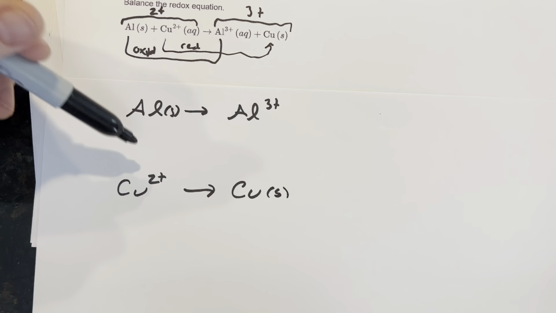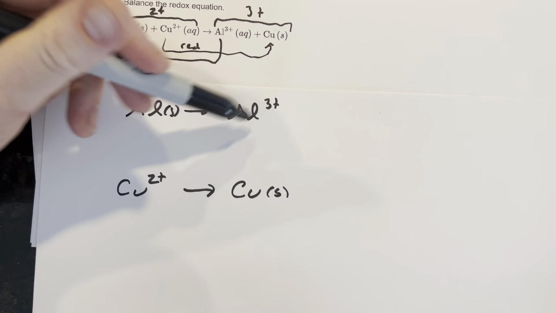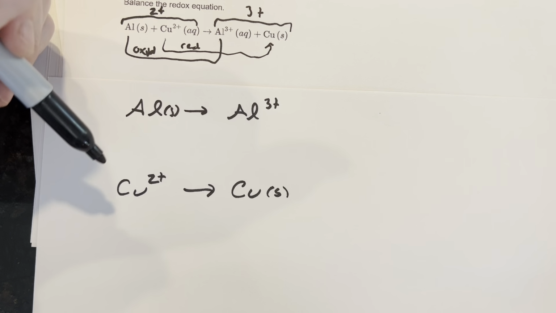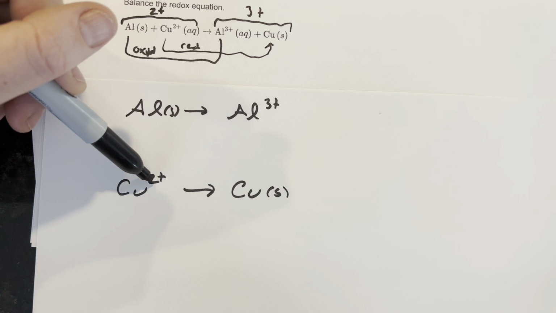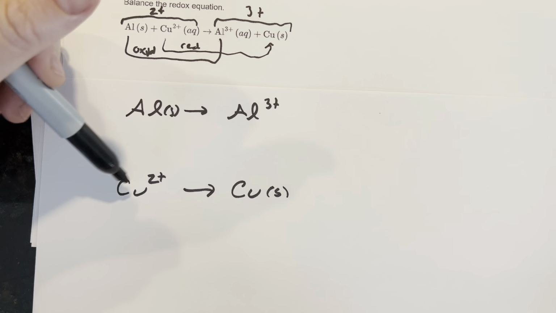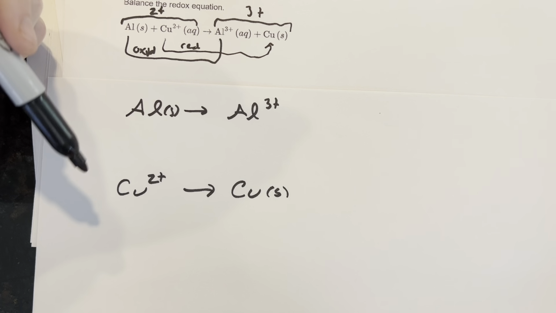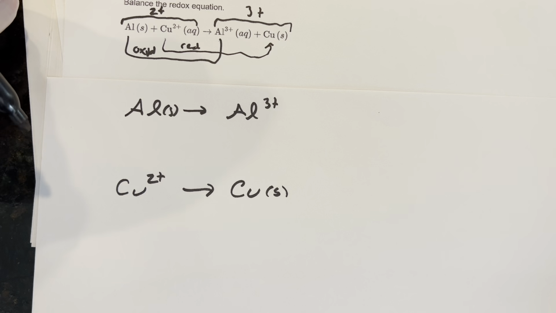I generally don't write aqueous just because it can kind of get messy, especially with a pen like this. But also, if something's an ion, it's going to be aqueous, unless you're talking about some kind of crazy gas situation, which I don't think we addressed in this class.